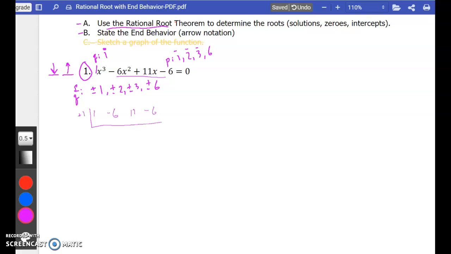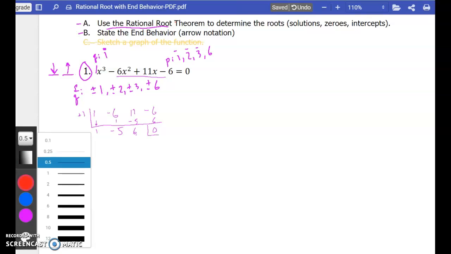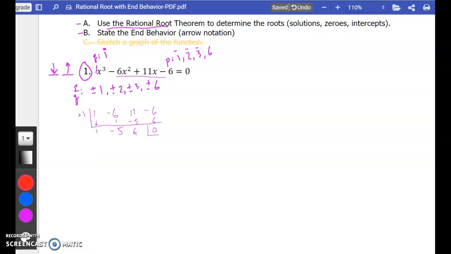Starting with a positive 1, bring down that 1. 1 times 1 is 1, negative 6 and 1 is negative 5, and positive 1 times negative 5 is negative 5, 11 minus 5 is 6, 1 times 6 is 6, and that gives me 0, so that tells me that that indeed is a root. So far I have x equals 1.